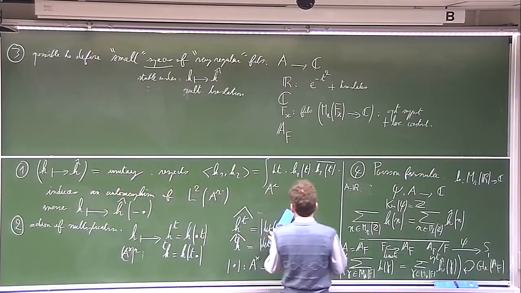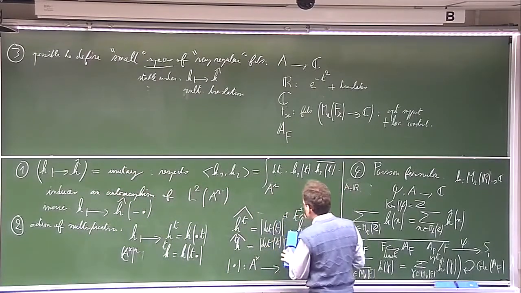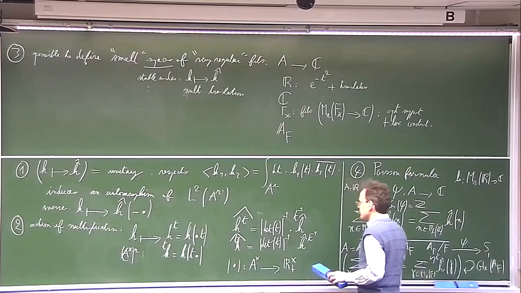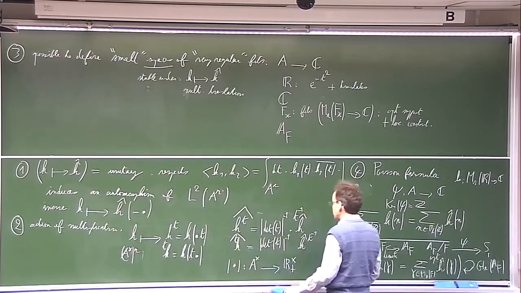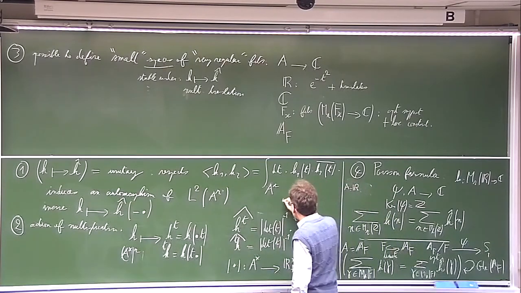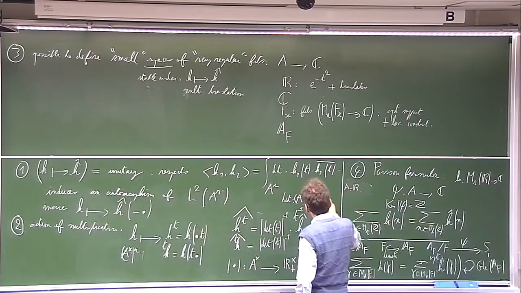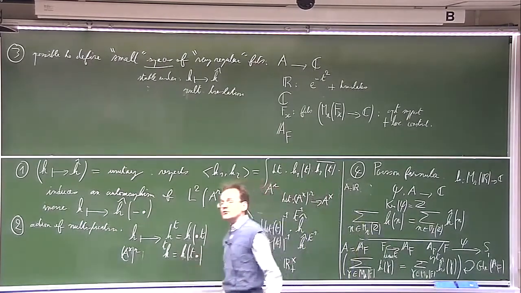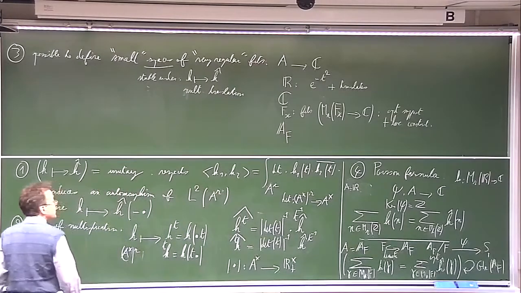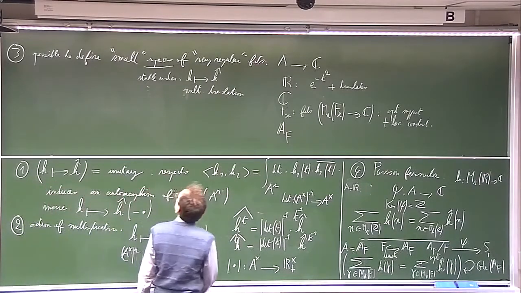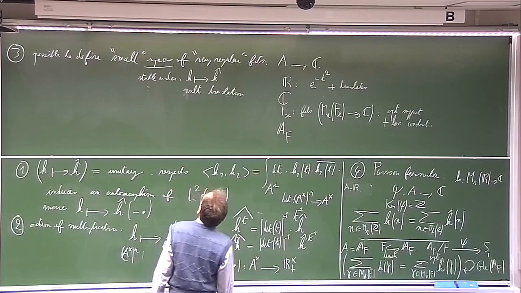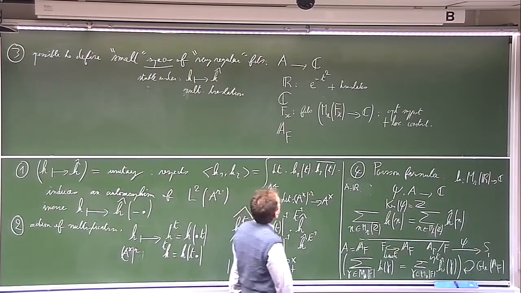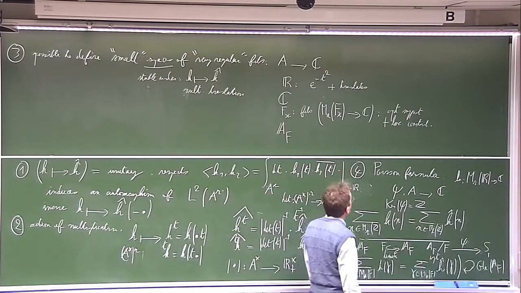And here I have the determinant to the power -1. So what is the determinant? The determinant from A cross to the power R to A cross is just the product of the R different factors. So I have a definition of small spaces built always in the same way.